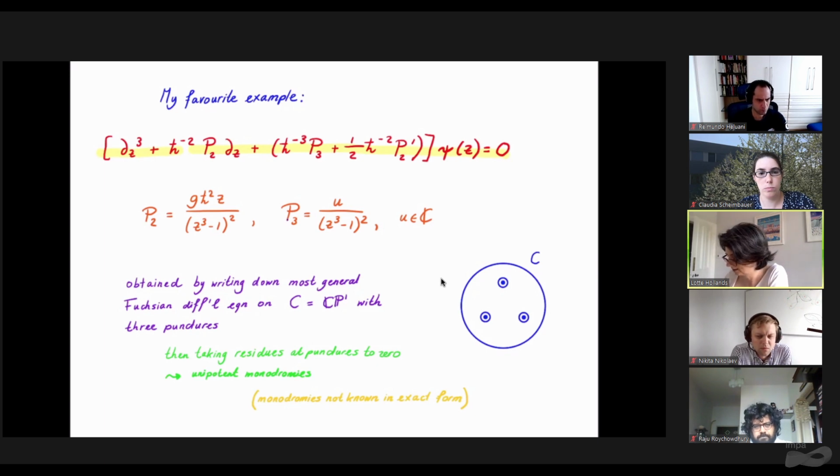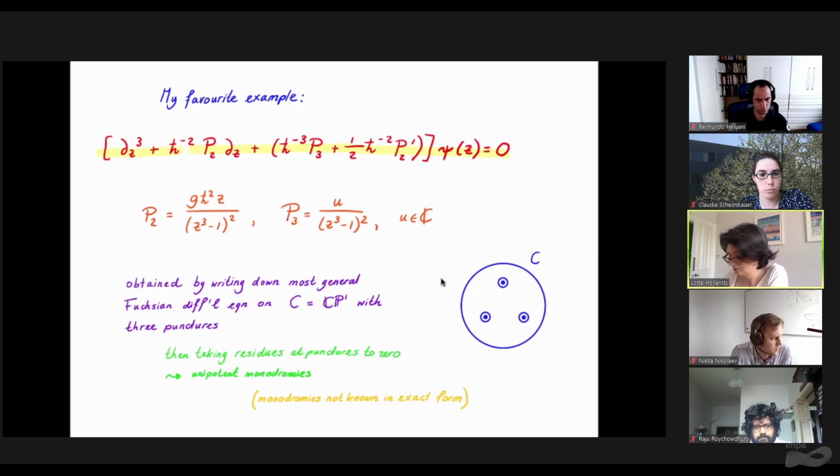It has regular punctures at these 3 points, which are also known as maximal punctures in physics. And then what you want to do is take the residues at all the punctures to 0, so that the monodromies around the punctures will be unipotent.